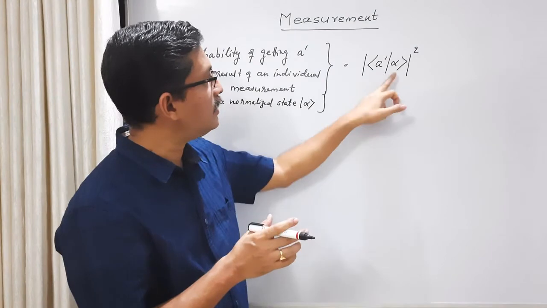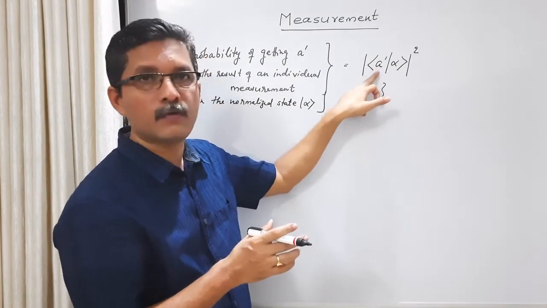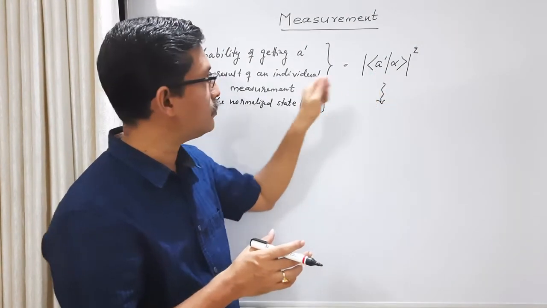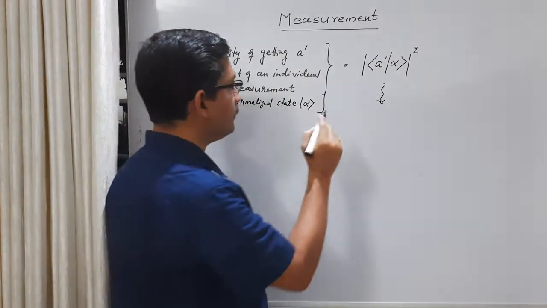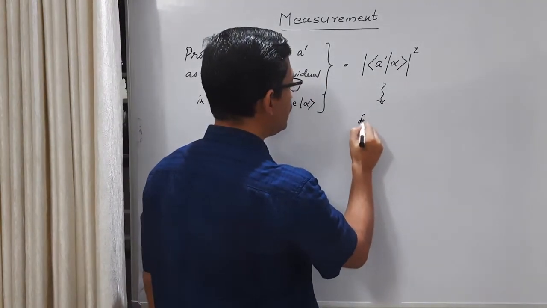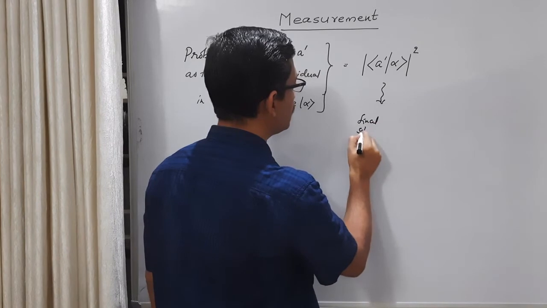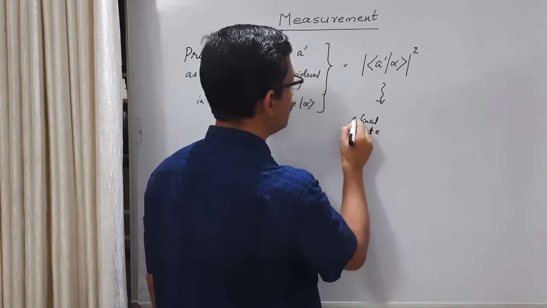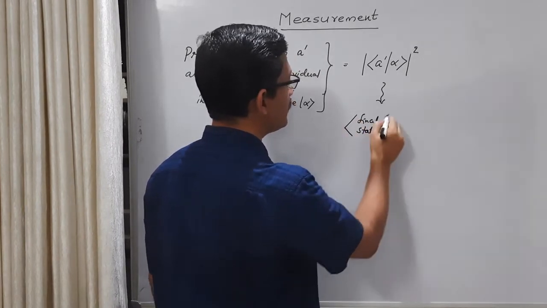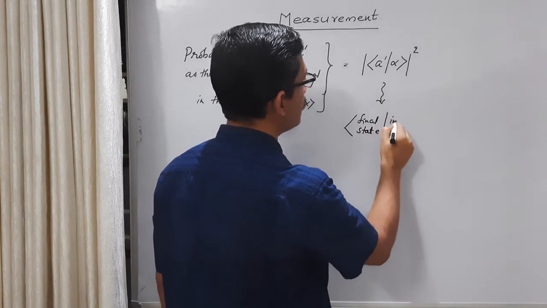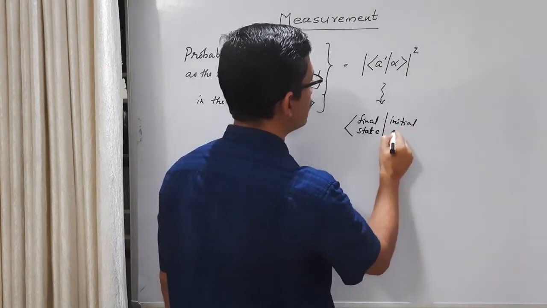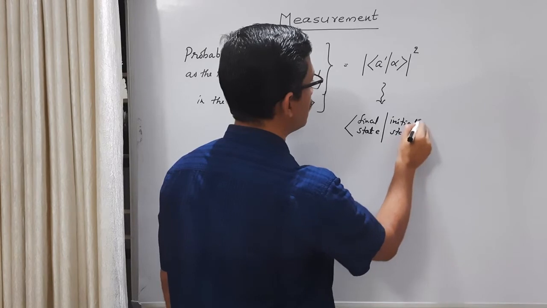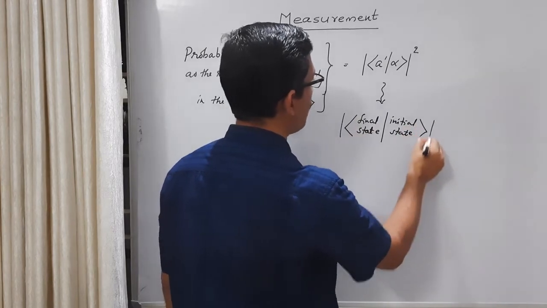So it means that if this is the initial state, then ket A prime is the final state. This inner product is between the final state, which is on the bra vector side, and the initial state on the ket vector side, modulus square.